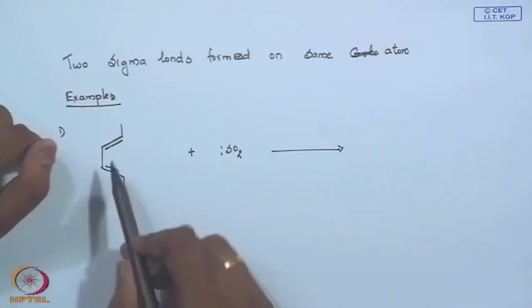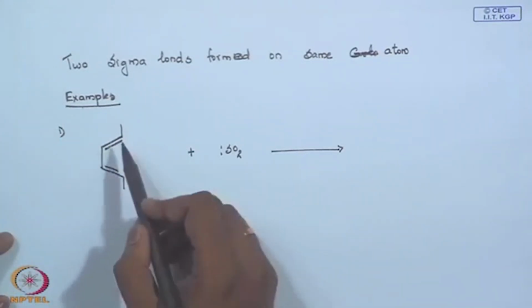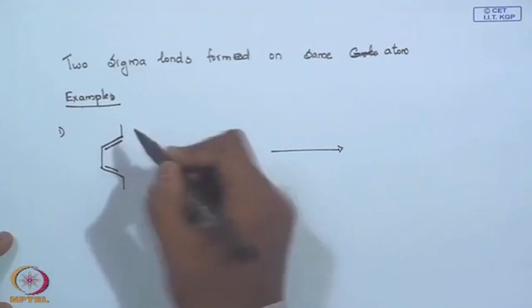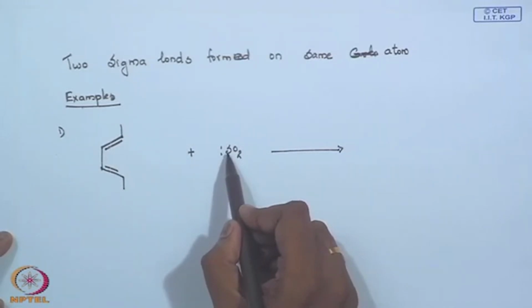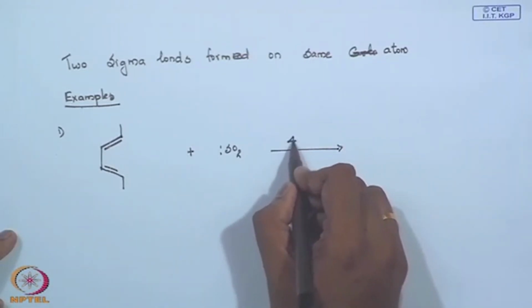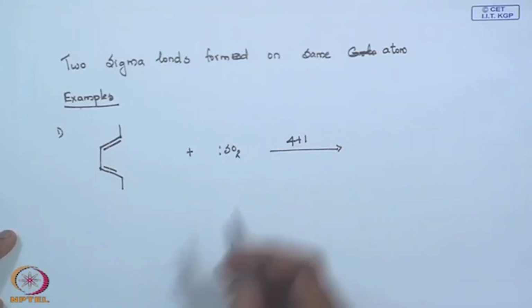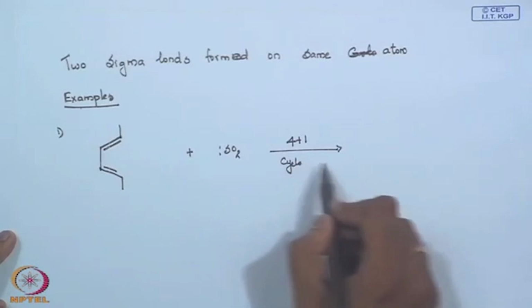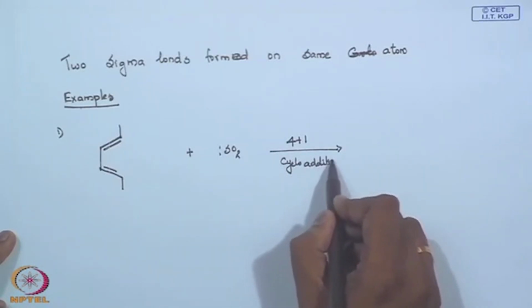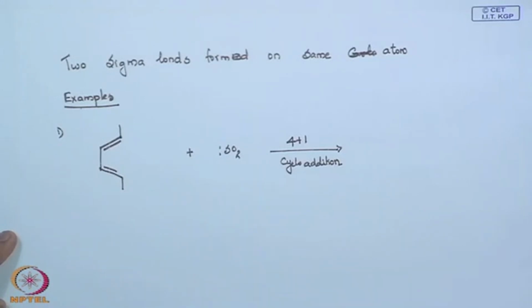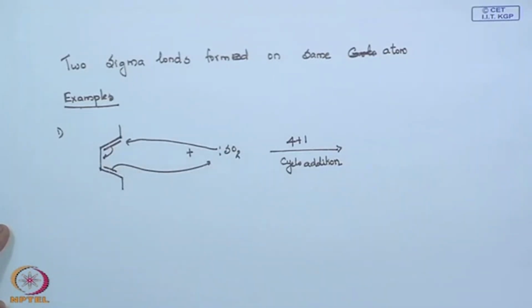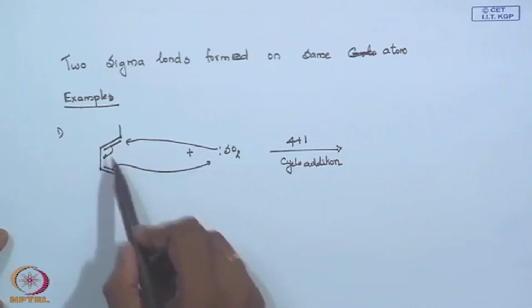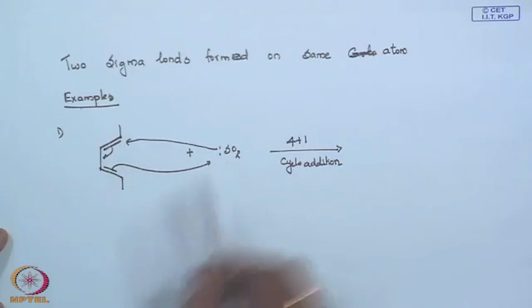But if you see the atoms involved, for the diene 1, 2, 3, 4, and in this case it is only 1. With respect to atoms, I can write this reaction as a 4 plus 1 cycloaddition. But if you see the electrons, it is 4 plus 2. With respect to atoms, I am talking about 4 plus 1.